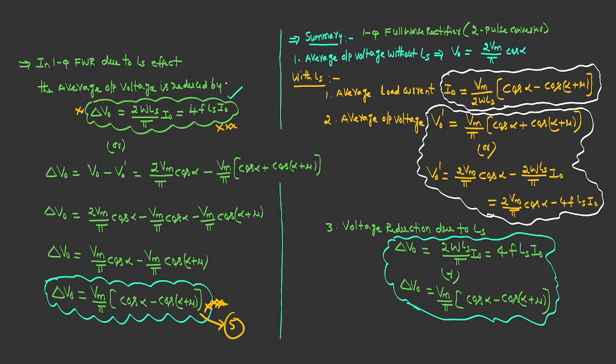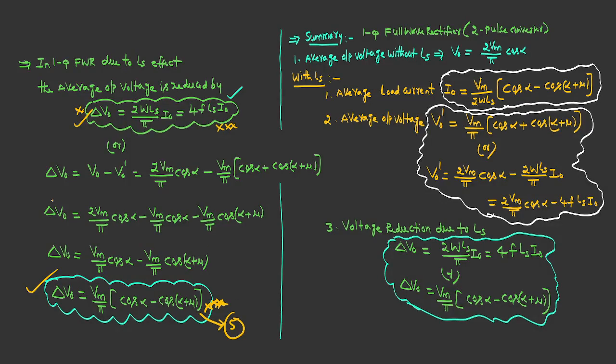This delta V naught I am writing in two formulas. This is in terms of inductance. This is in terms of mu. Use this formula or use this formula, you can get the same answer. But if they give Ls values, use this formula to calculate how much voltage is reduced. If they give mu value, use this formula to calculate how much voltage is reduced.